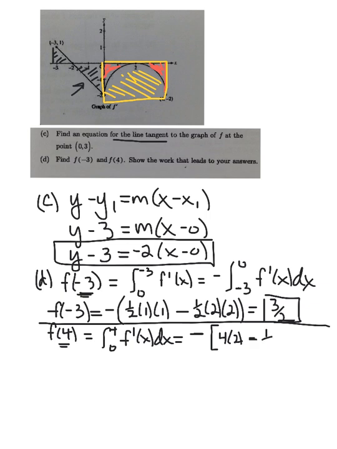So that's going to be 1/2 pi, and then the radius squared, which would be 2 squared. Okay? All right, so let me just rewrite this. So f of 4 is going to equal -8 if I distribute the negative through, and then plus 2 pi. So there's f of 4.